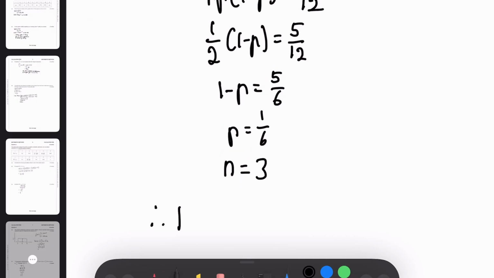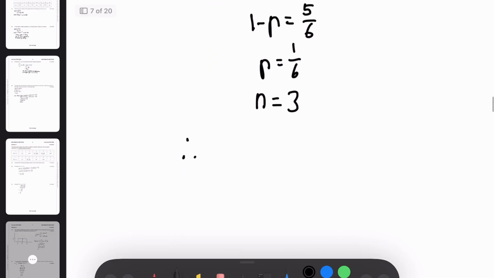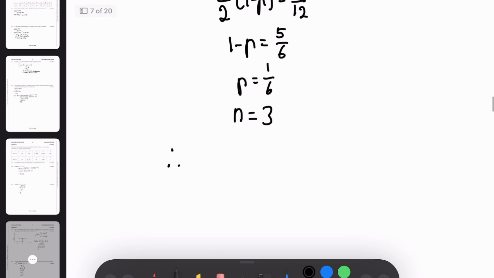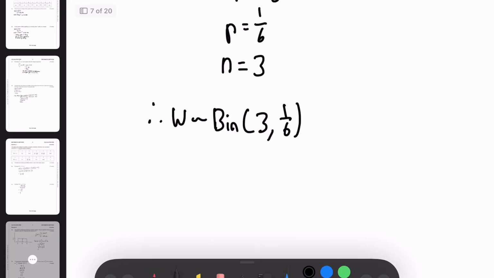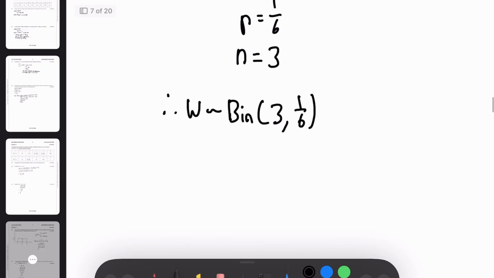Therefore W is a binomial distribution where n is 3 and our probability of success is 1 on 6. Okay, so now we know our parameters. We can just simply plug this in to find out what P(W = 1) is.